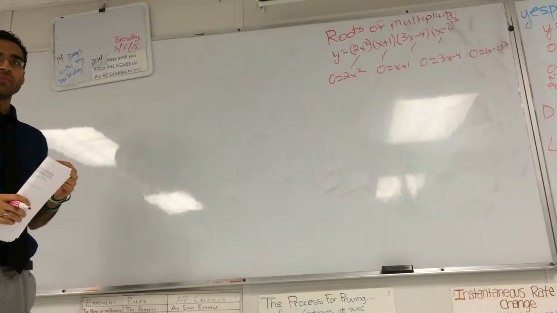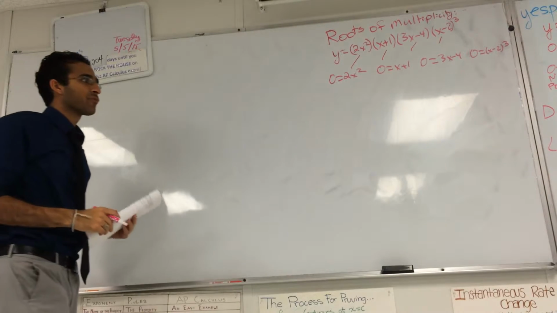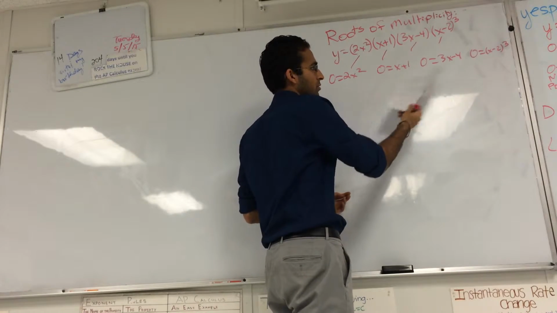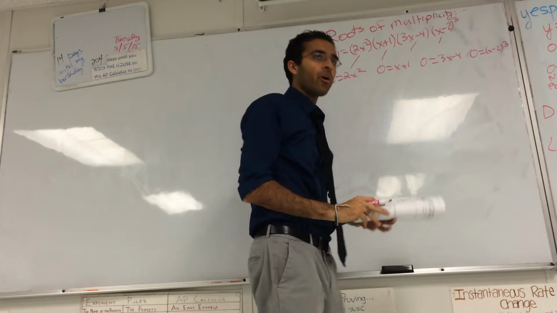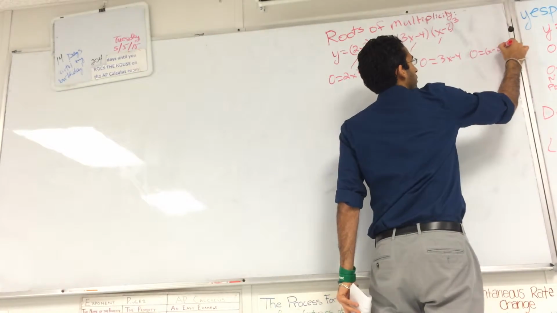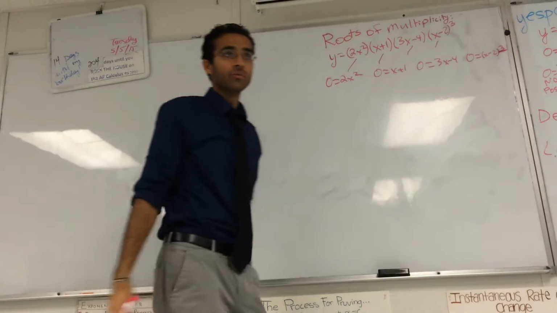And now this is the key step here. The difference between a problem like this and the problem that we had before is the following. We didn't have this cubed out here. This is new.